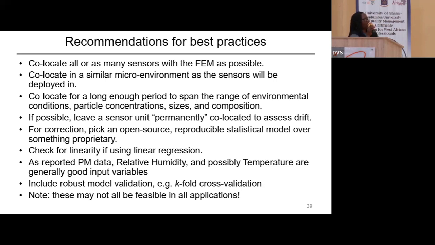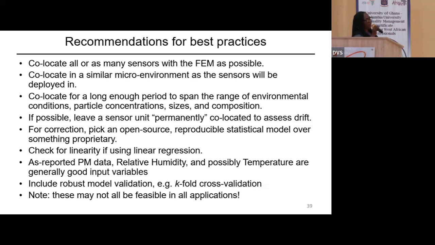So for correction, pick an open source reproducible statistical model over something that is proprietary. You can look online for an open source statistical model. It's advisable to use that. Check for linearity if using linear regression. That is what you will check for and do some corrections.